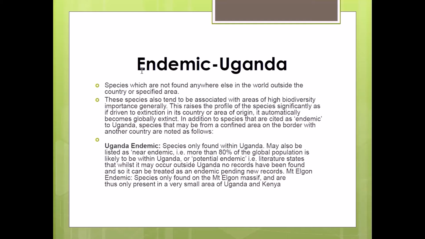Potentially endemic means that the literature states that while it may occur outside Uganda, no records have been found, and so it can be treated as an endemic pending new records. For instance, Mount Elgon endemics are species only found on the Mount Elgon Massif, and are thus present in a very small area of Uganda and the other side in Kenya. Next, please.